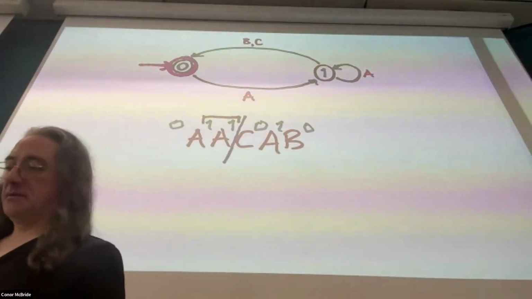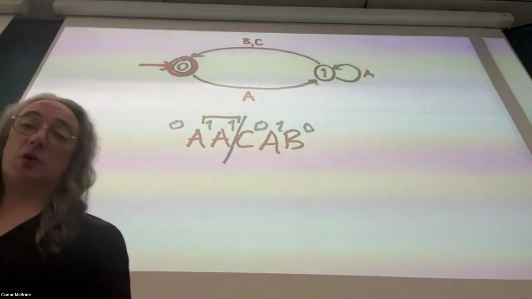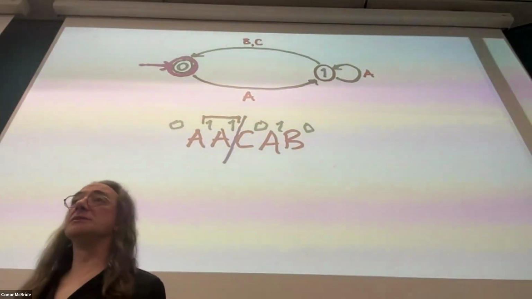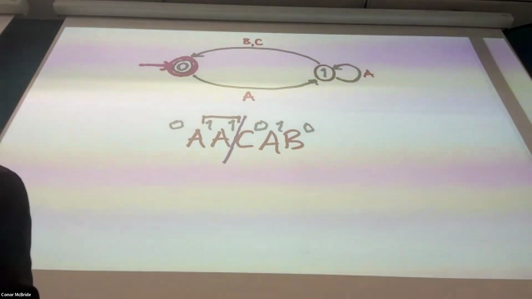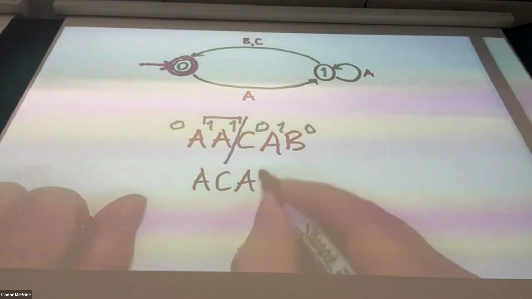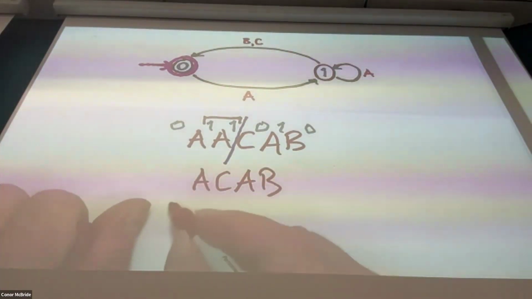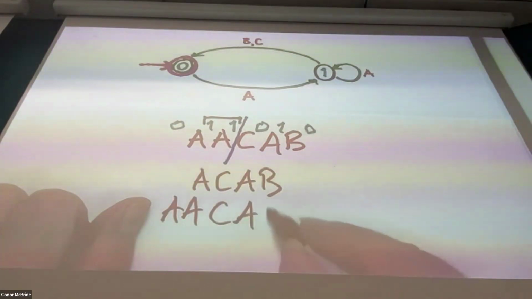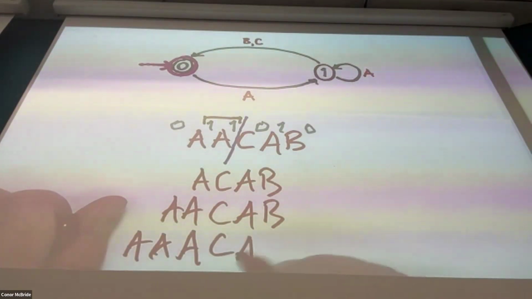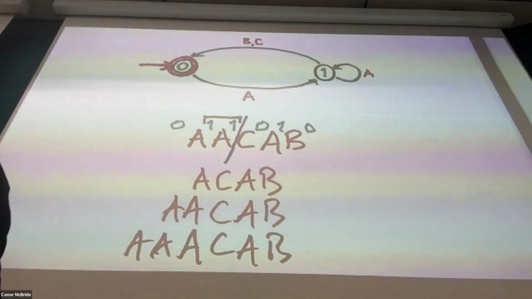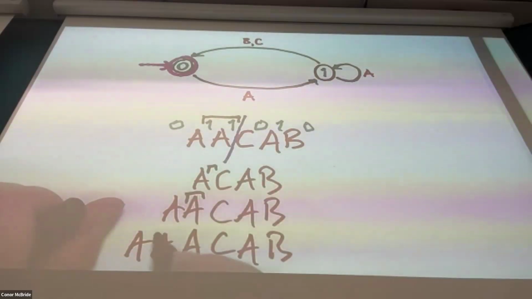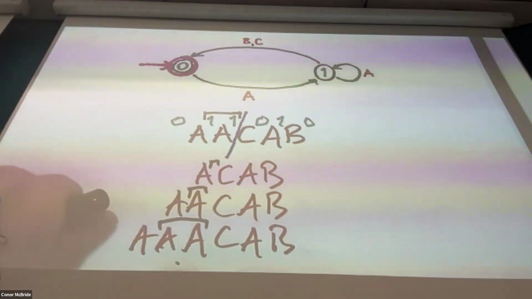What that means is that we didn't actually have to do that at all, or we could do it any number of times. So we can also accept A, C, A, B, and A, C, A, B, and A, C, A, B. That's no times round the loop, once round the loop, twice round the loop, and so on.